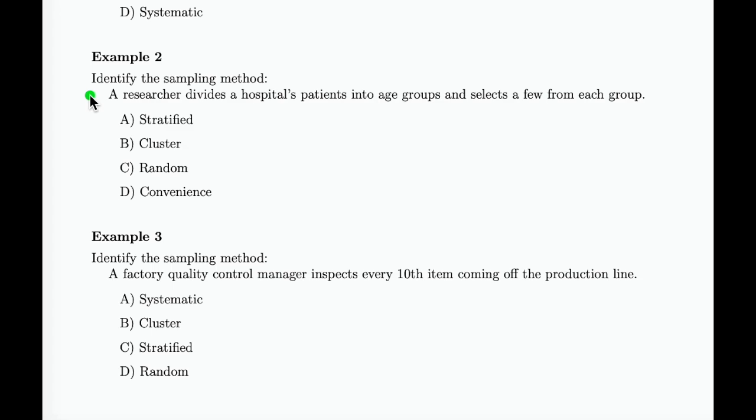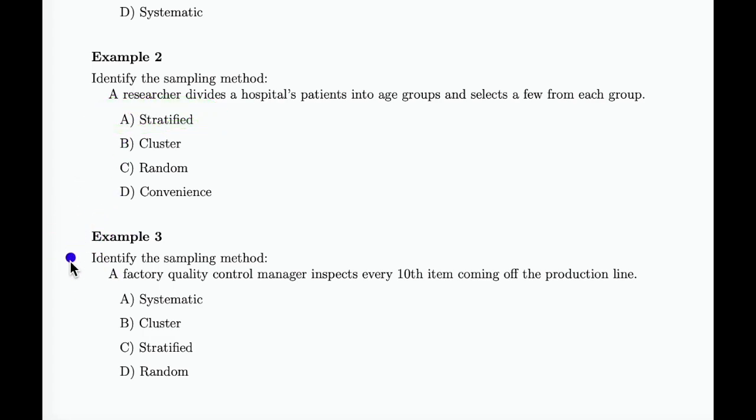If entire groups are picked to go into the sample, that's cluster. If you're taking a few from each of the groups, then that's stratified. And that's exactly what we have in this case. The patients are split into groups by age, and then a few are picked from each group. So for this one, we're going to choose stratified.